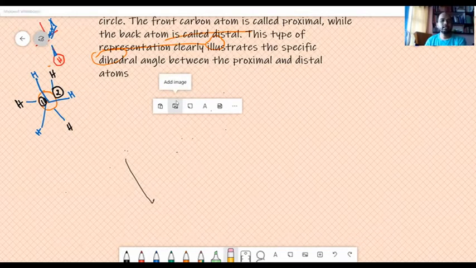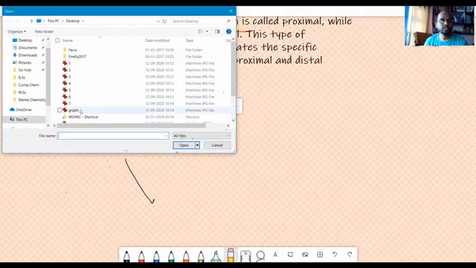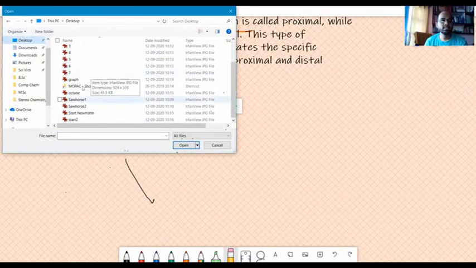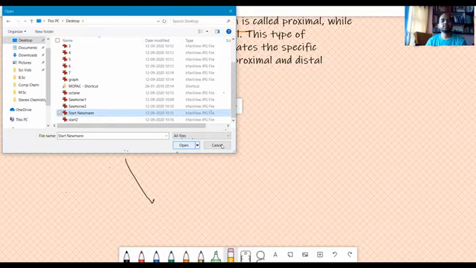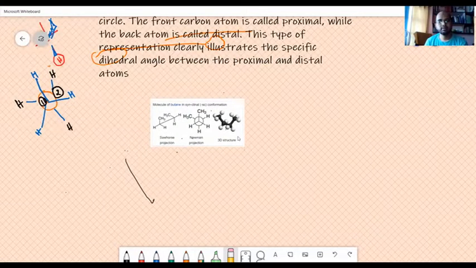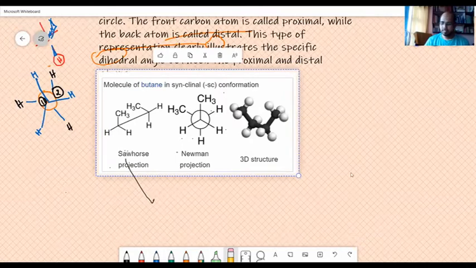So let us see how we start. This is the structure. Let me just wait.